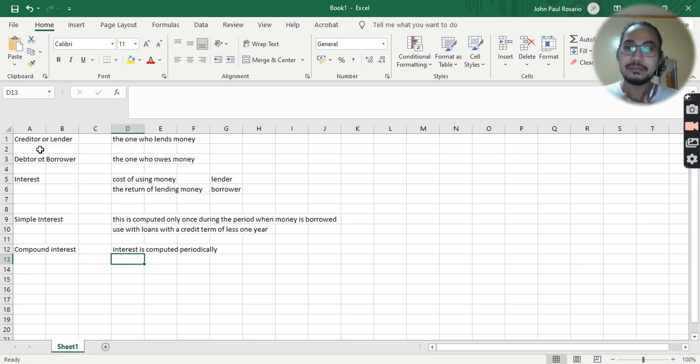The concept is interest on interest, so you compute interest on interest. This is usually used in the 5-6 lending, where the interest itself earns more interest. That's compound interest. But with simple interest, the interest is earned only on the principal.